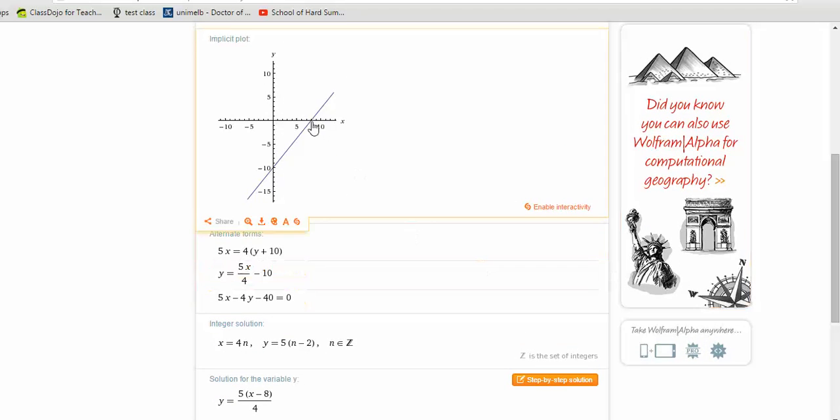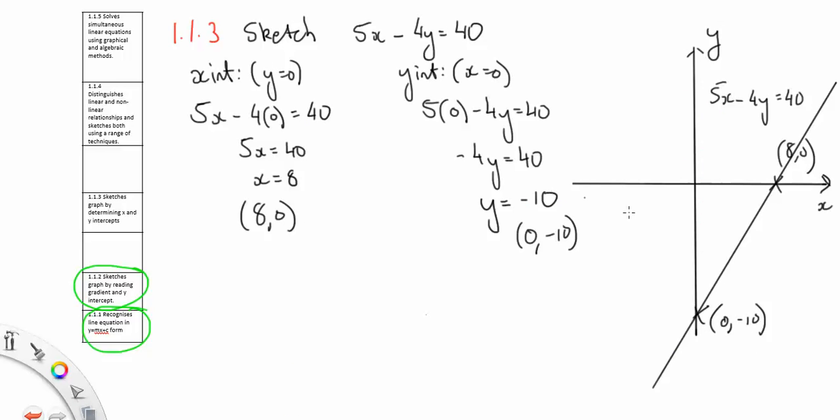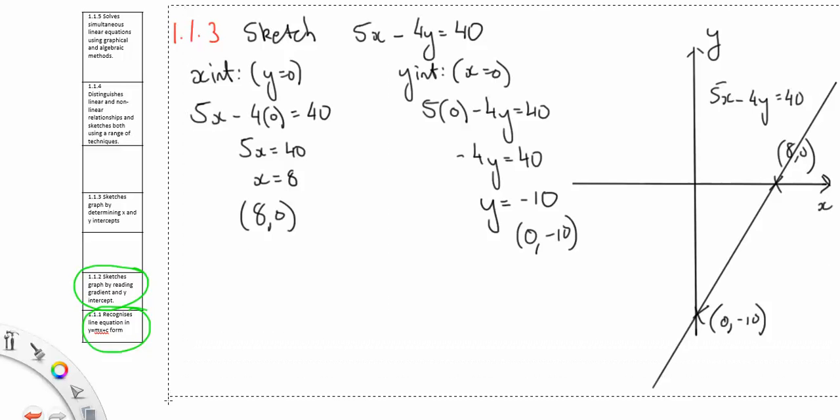There we are. See that x-intercept there at 8 and the y-intercept at negative 10. It's done everything we wanted it to do. Negative 10 and 8. So you have no excuse when it comes to determining whether you've got the right answer or not when you practice, because you can use Wolfram Alpha.